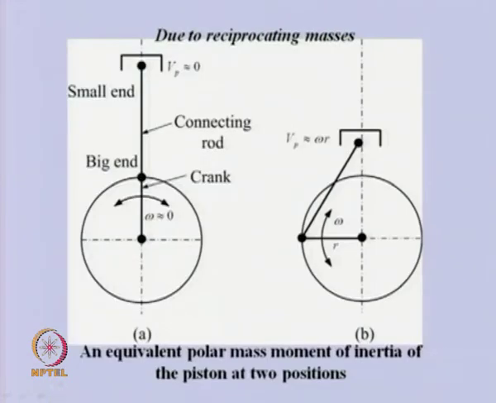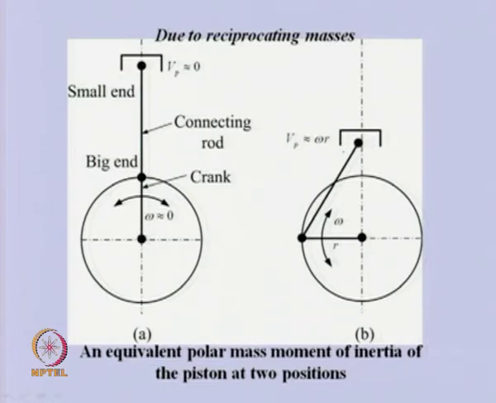Now, coming to the reciprocating mass. Let us see this particular engine, that is nothing but the crank and connecting rod, and here the piston is there. You can see in this configuration, this is one of the dead ends of the piston, and this is another configuration in which the crank is making 90 degrees with the previous one.